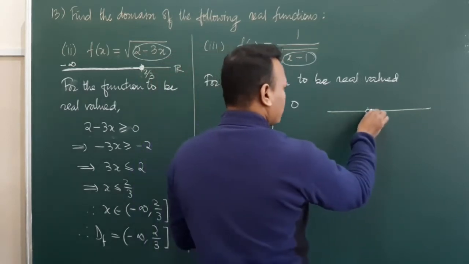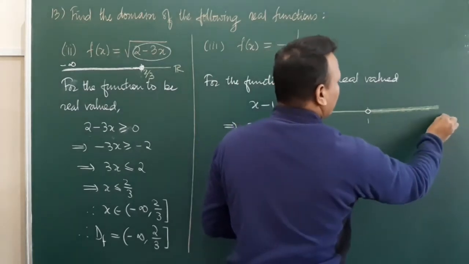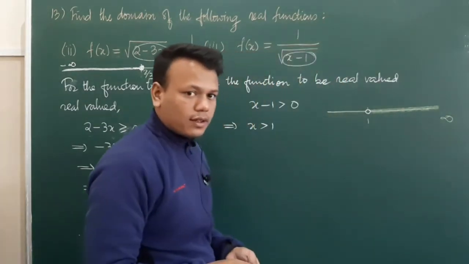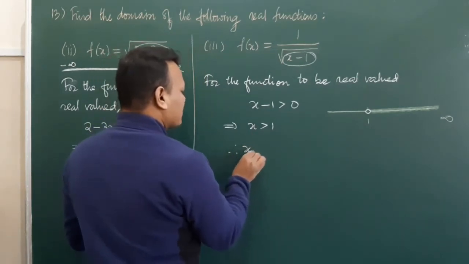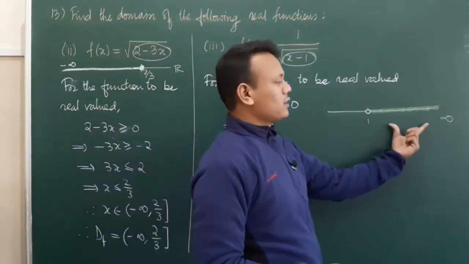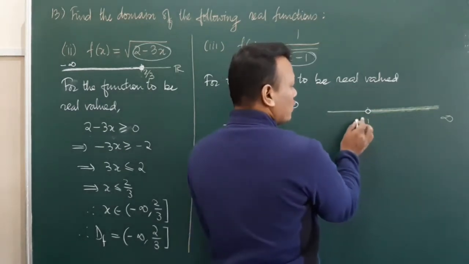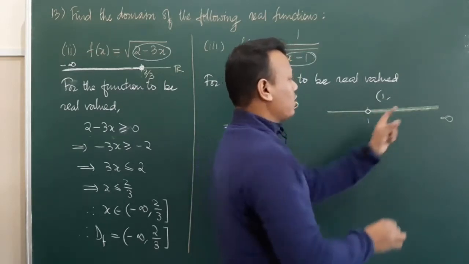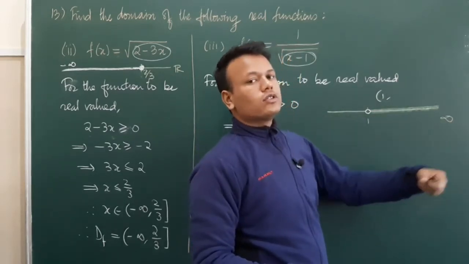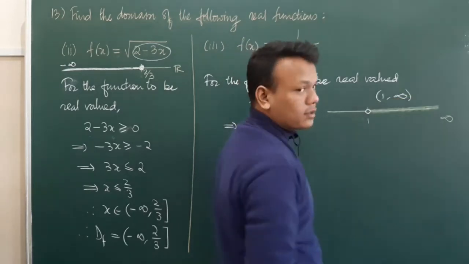So any other number greater than 1 means this way, and if we go this way we are going towards infinity, isn't it? So that's why my x belongs to this set, that is this interval. Now it starts with 1, and since 1 is not included, this has to be open, and it goes till infinity, and it's going to be always open.